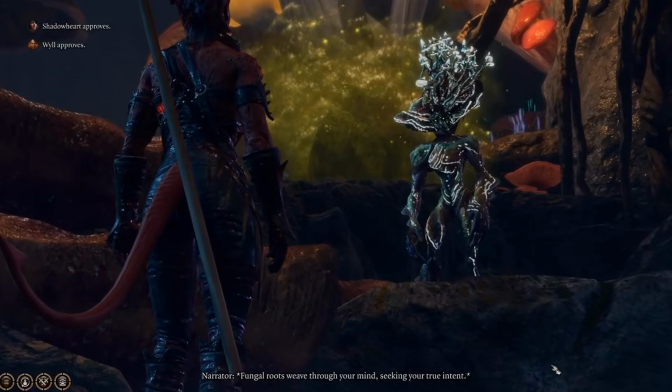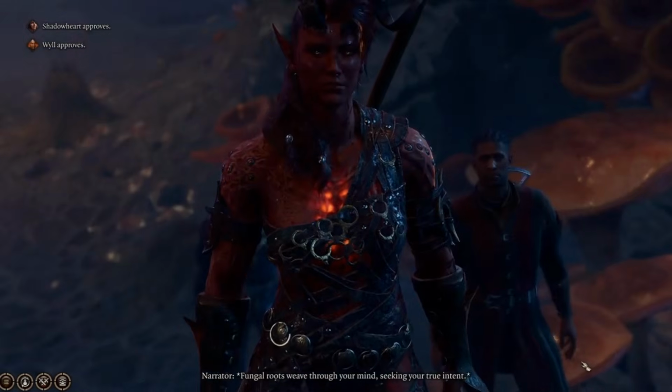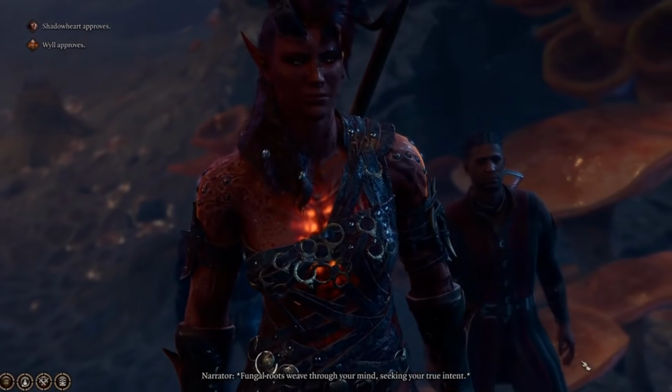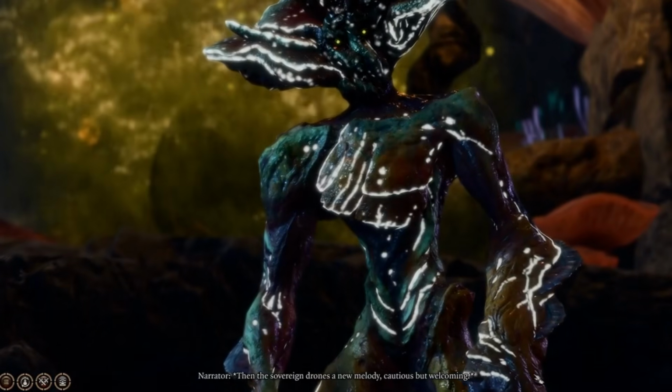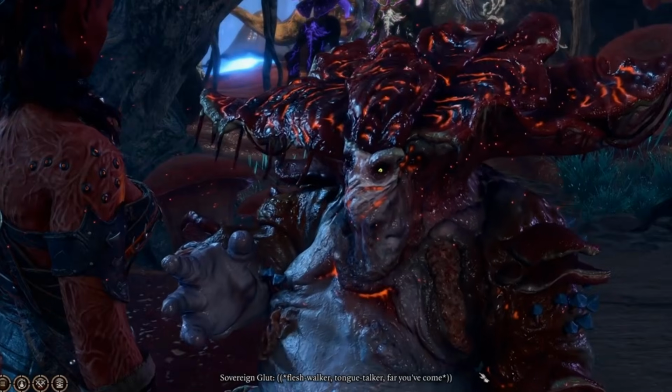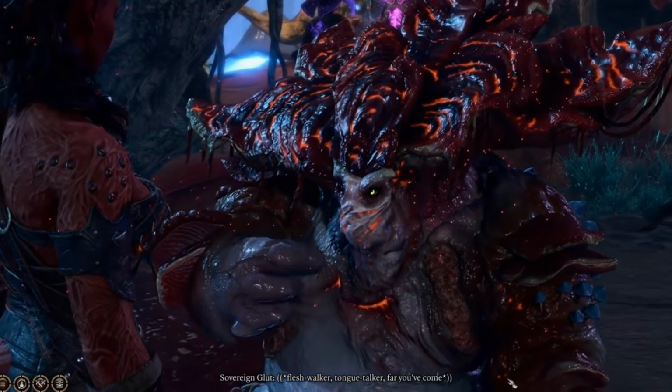I think oozes also work really well for this type of theming, gray oozes, black puddings, and so on. Myconoids could be a humanoid type creature that have a nice representation of decay, if you want to have an alien yet sentient being in these types of swamplands.